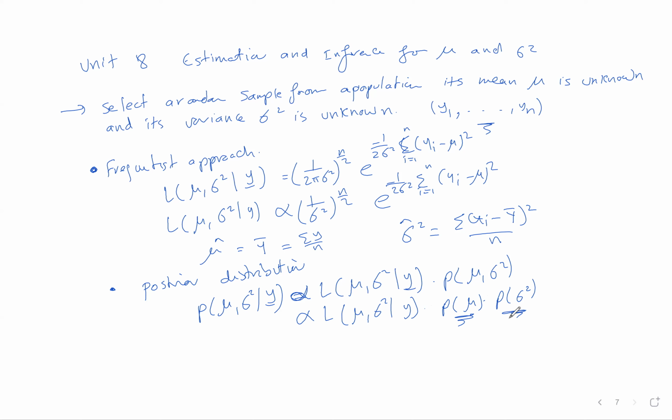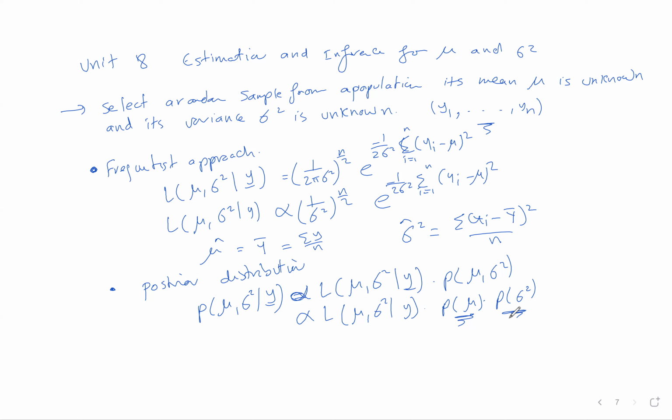So now let's multiply these three and then get the posterior distribution of sigma square and the posterior distribution of mu. The problem here is you cannot do it, or it is not easy to do it. Because if you'd like to get the posterior distribution of mu, you take the integral over the whole range of sigma square of the multiplication to get rid of sigma square, and you get the posterior distribution of mu given the data.